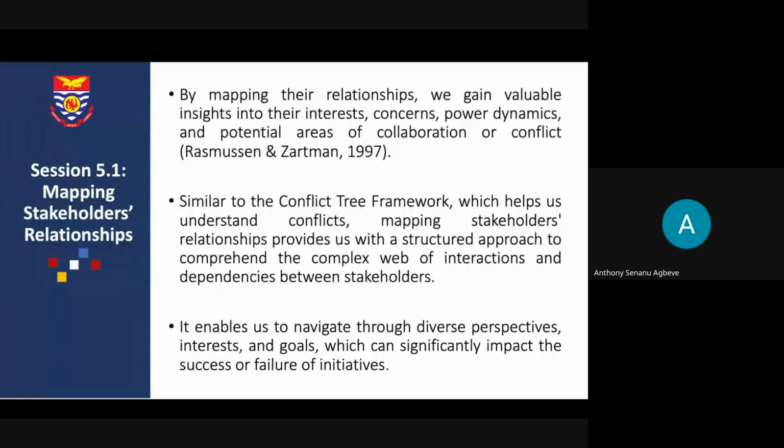What are their interests? What are their positions? So you want to map all these issues against all the various stakeholders. So similar to the conflict tree framework, it helps us to understand the conflicts, mapping stakeholders' relationships. It provides us with a structured approach to comprehend the complex web of interactions and dependencies between the various stakeholders.